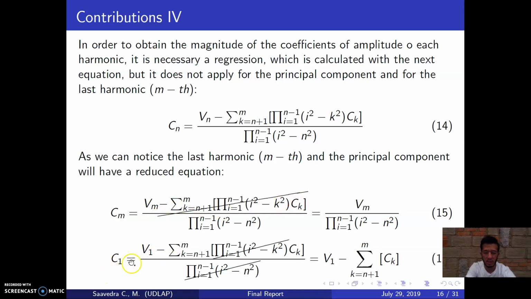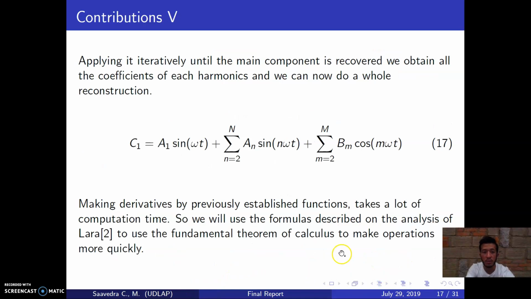The same applies, or something similar, in this principal component, because at the product we need to make the product from i equals 1 until n minus 1, but n minus 1 is going to be 0, so it doesn't make any sense. So this is going to be eliminated, and we only have this here.